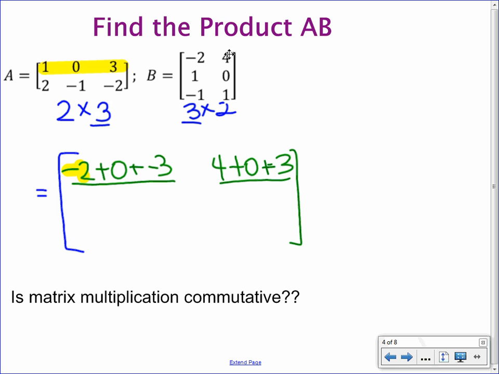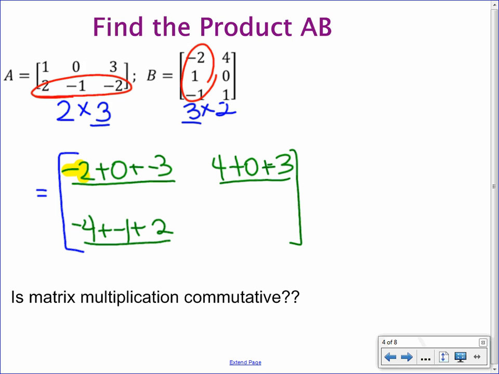Now we have second row, first column, and that's going here. What is 2 times negative 2? Negative 1 and 1. And negative 2 and negative 1. Those are 1 and 3. And then finally we can take second row, second column.